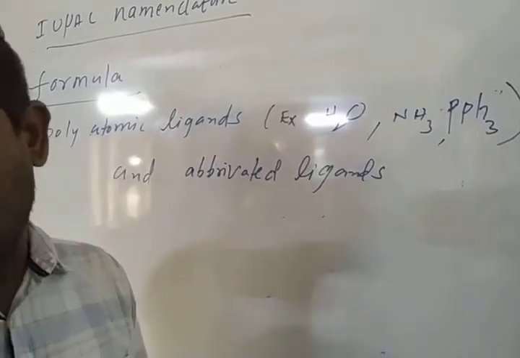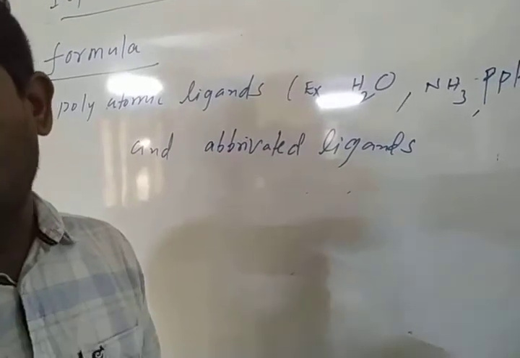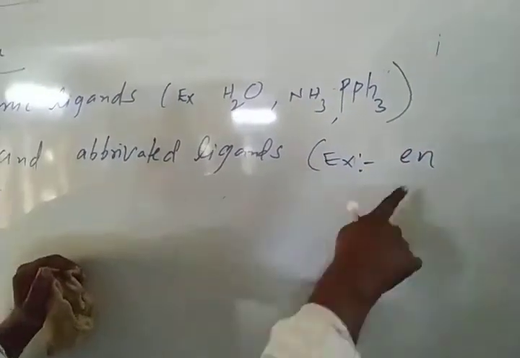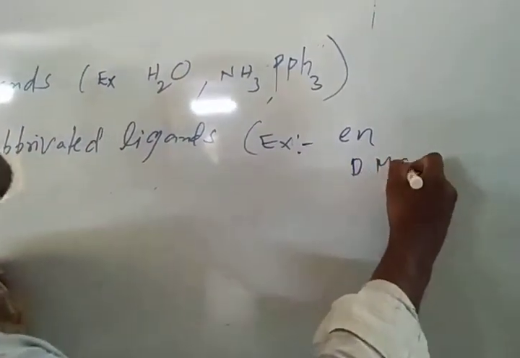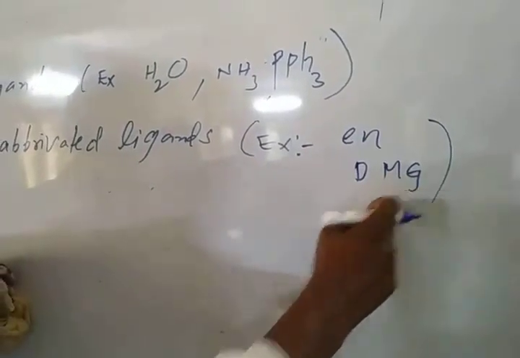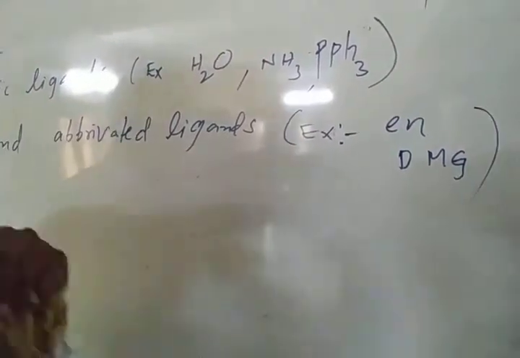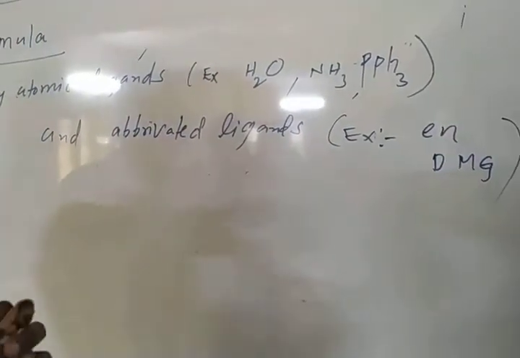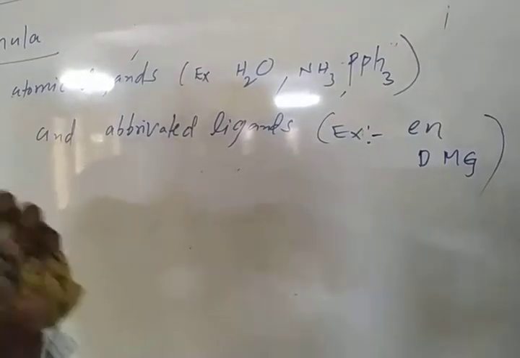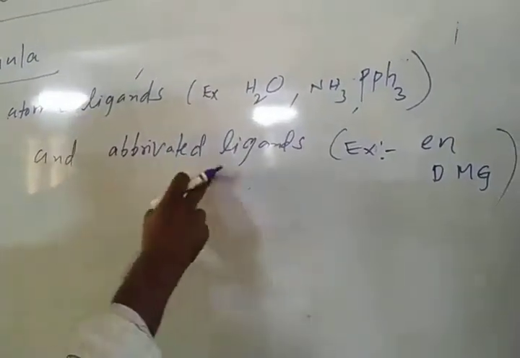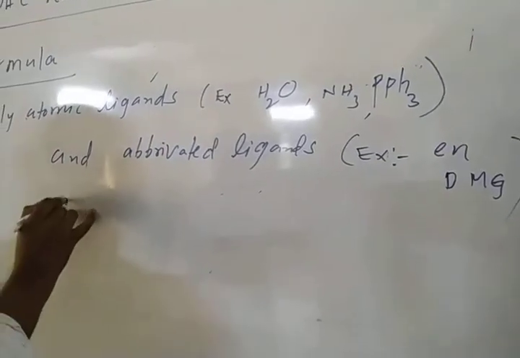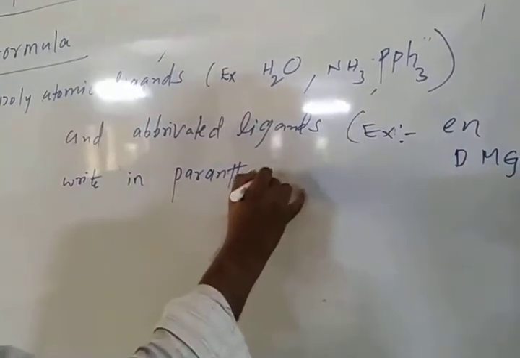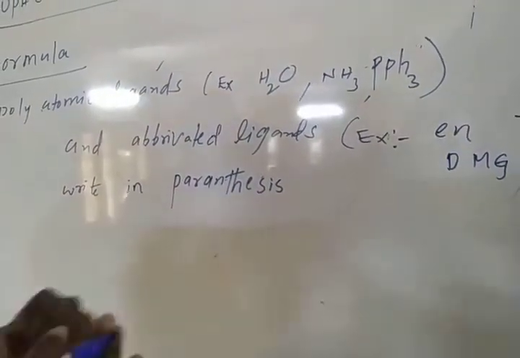The complete name is not possible to write in the complex, so we write the abbreviated form. For example, EN, ethylene 1,2 diamine, DMG, dimethyl glyoxime. The complete full form is not possible to write in the complex. So polyatomic ligands and abbreviated ligands are written according to alphabetical order and also kept in parentheses, meaning in brackets.